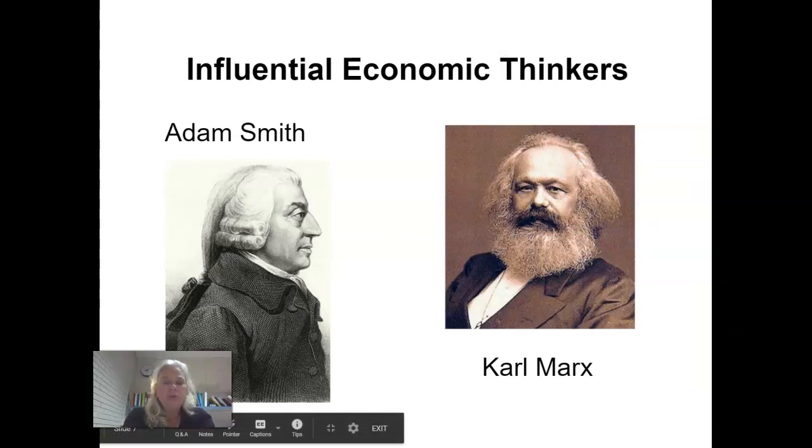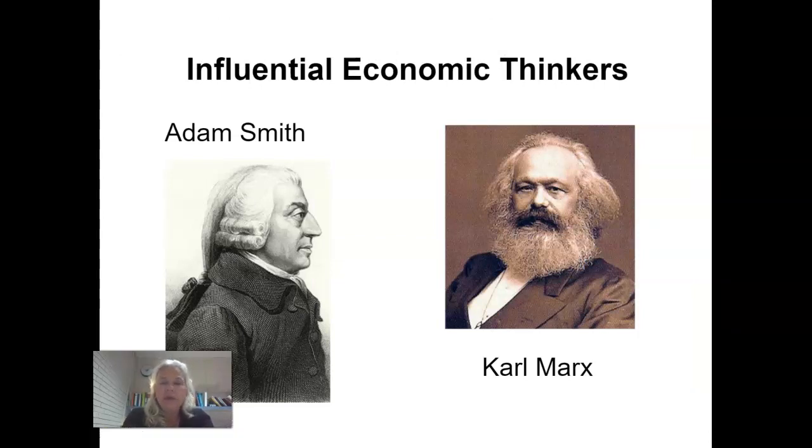So two influential economic thinkers were Adam Smith and Karl Marx. Adam Smith wrote in the 1700s about something called the invisible hand, and he believed that by leaving economies to themselves, people will pursue their self-interest and the economies will work to their very best.